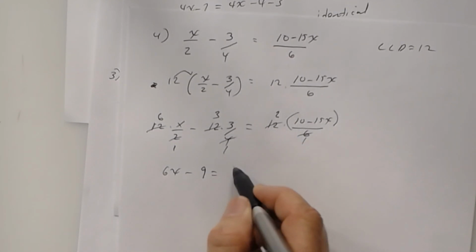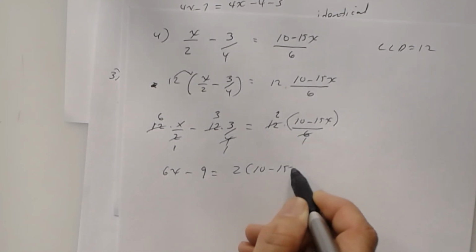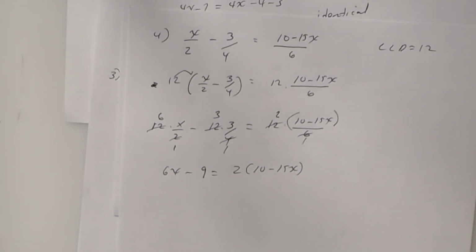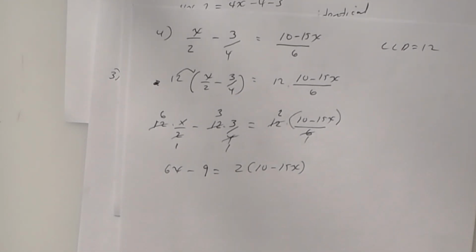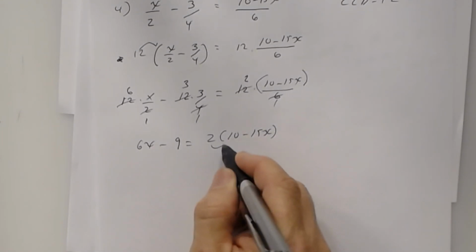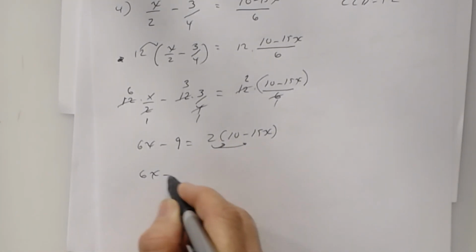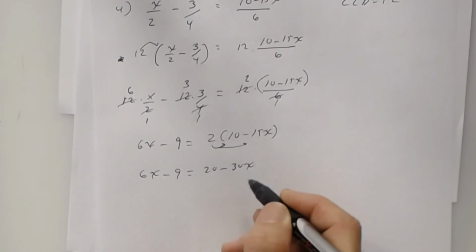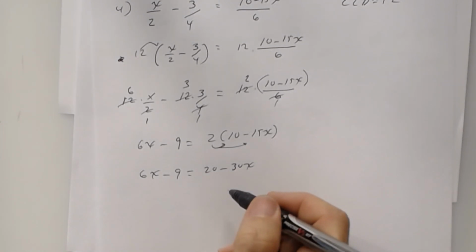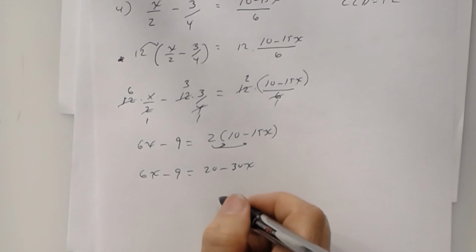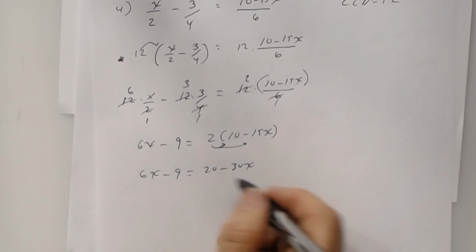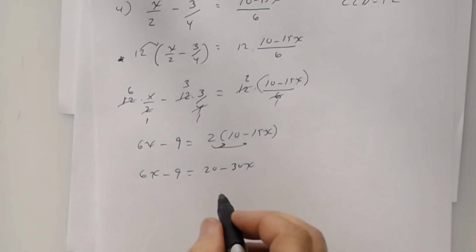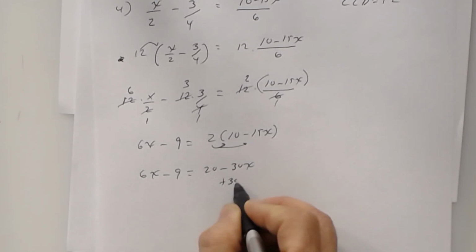And I'm just going to rewrite this over. Now, how do we get rid of these parentheses? Distributive property. So you get 6x minus 9 equals 20 minus 30x. What's the next step? Bring the variables to one side, constants to the other. So let's add 30x to both sides.